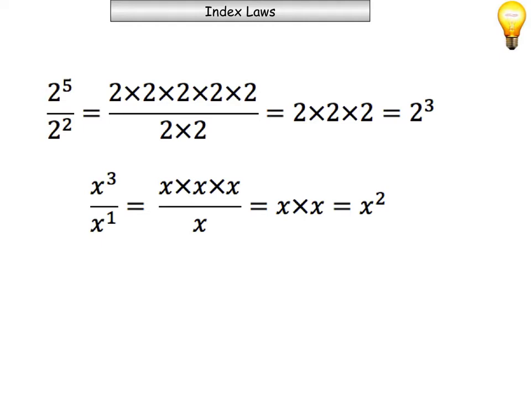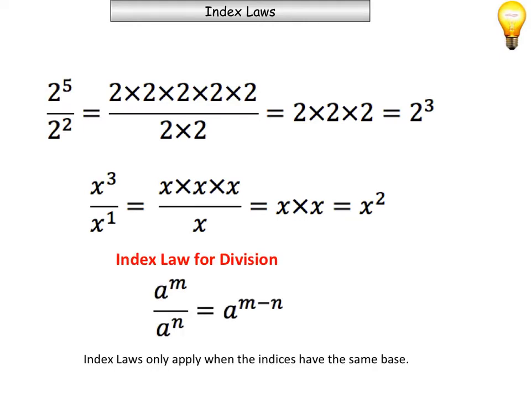When we multiply, we add the indices, so it makes sense that when we divide two indices with the same base, we subtract the powers. So our index law for division is a to the power of m divided by a to the power of n, which is the same as a to the power of m minus n. So m and n can be any number, and they could be different numbers.